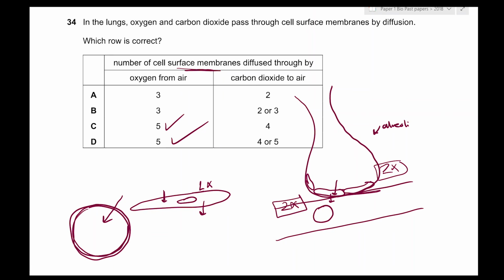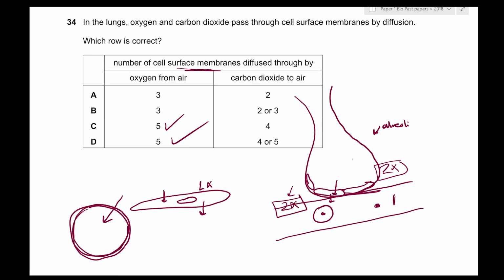Therefore, this is correct. Now, carbon dioxide to air. There are two locations for carbon dioxide: in the plasma, and inside the red blood cell as carbaminohemoglobin. Let's first assume we're looking at diffusion from the plasma to the alveoli. It has to diffuse back through the endothelial lining, which is made of a layer of simple squamous epithelium, so that's 2 membranes, and to pass out of the alveoli, it also needs 2 membranes.